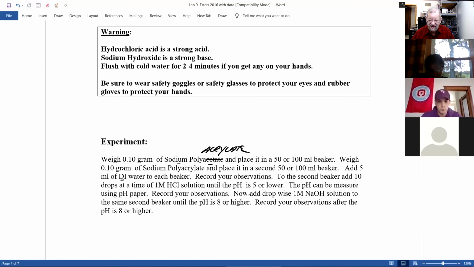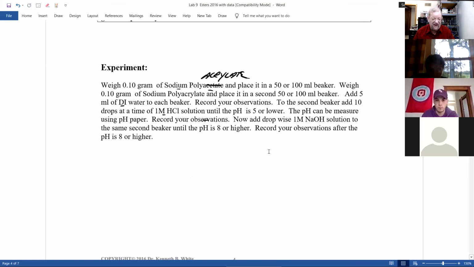Now the second beaker, you'll add 10 drops of hydrochloric acid till the pH is less than 5, meaning it's acidic. And then you'll observe it. Then that same beaker, you'll now add dropwise, about 10, 20 drops of 1 molar sodium hydroxide, a base. And then you'll observe what's happening.